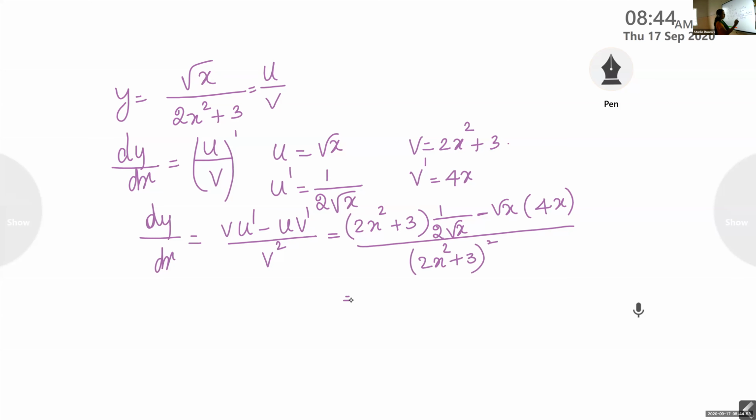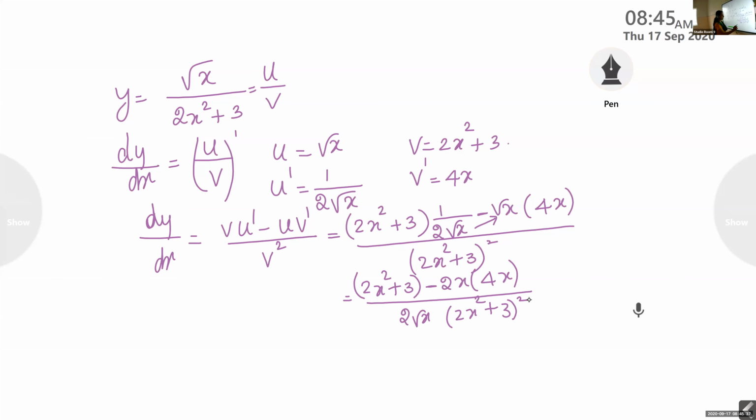Here in the numerator we can take 2 root x as common LCM and cross multiply. So 2x square plus 3 minus, when we cross multiply this, 2 into root x into root x, which is x, into 4x, by 2 root x into 2x square plus 3 the whole square.